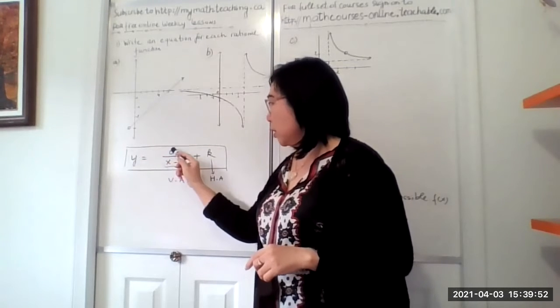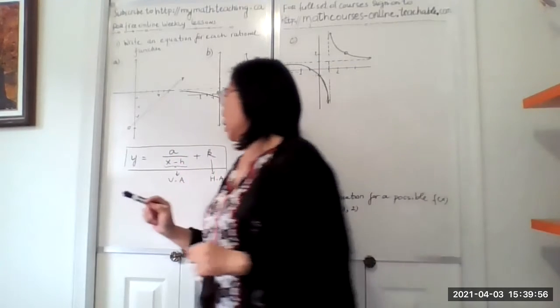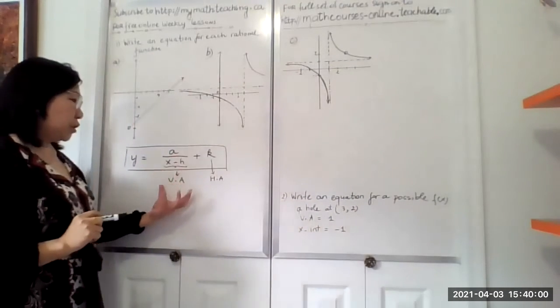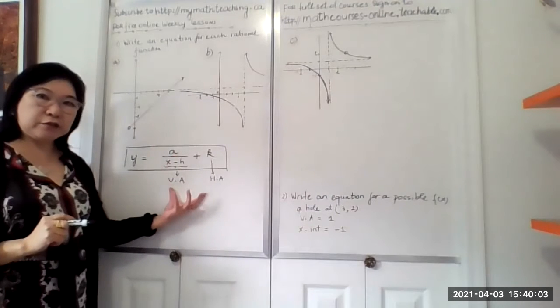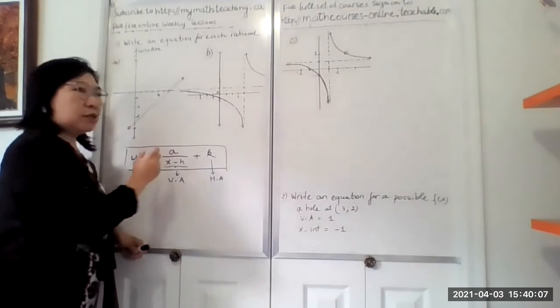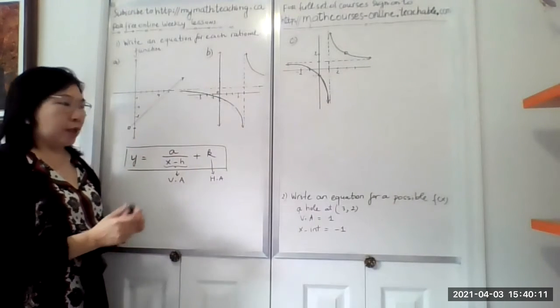So y equal a divided by x minus h plus k. We also related this transformation to the characteristic of rational function. So the a here stands for the vertical stretch factor.